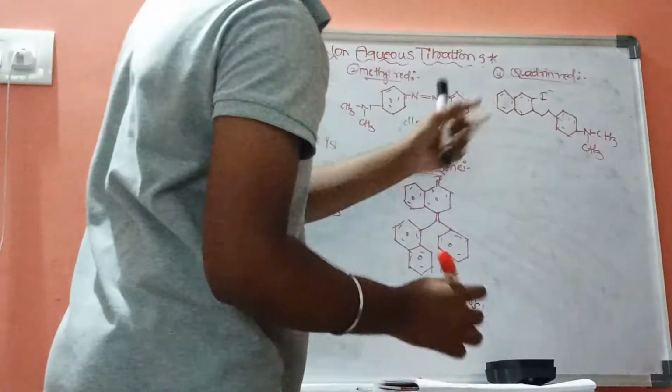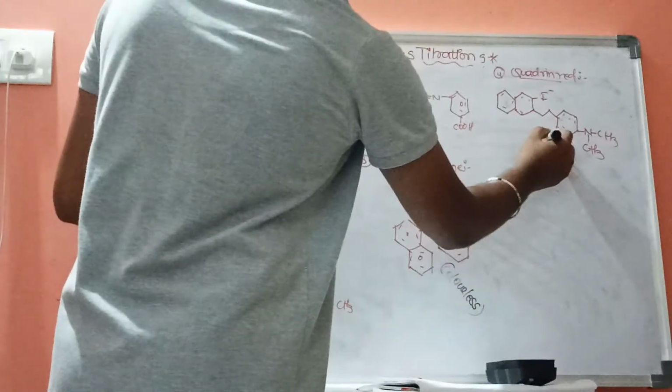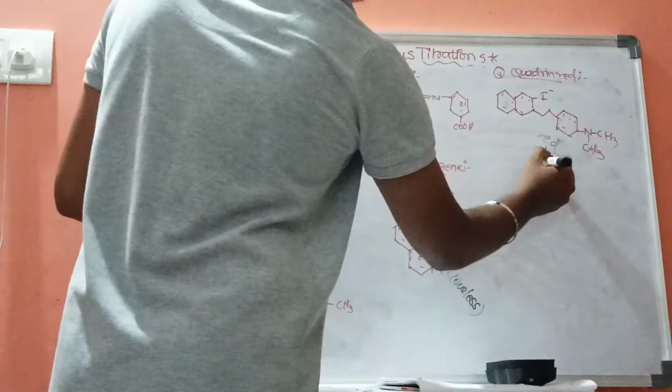This is the structure of quadrant red, and the endpoint can be detected by its color changing from red to green.